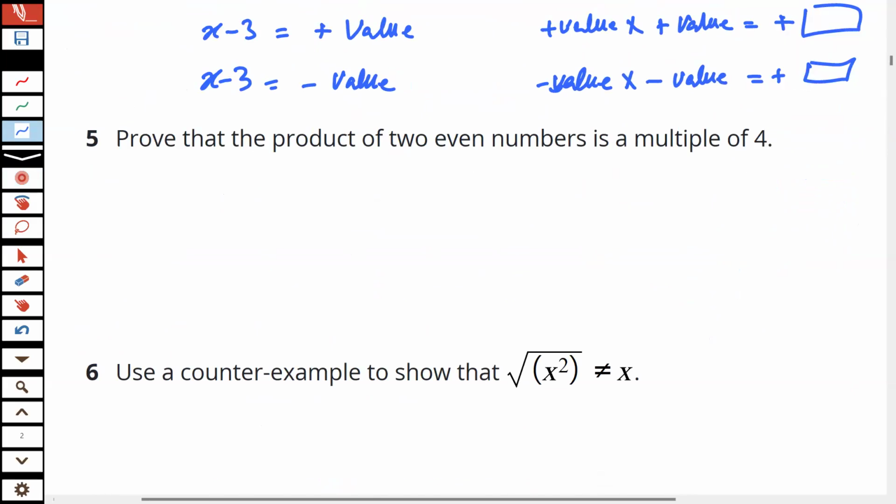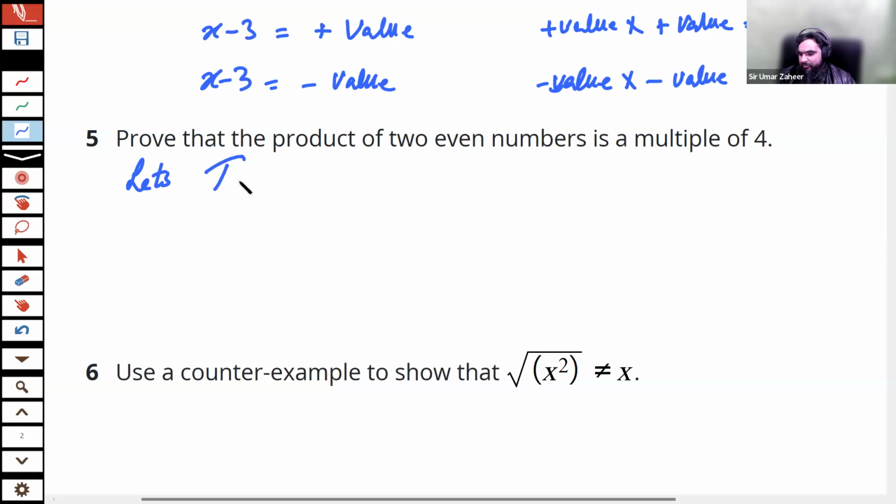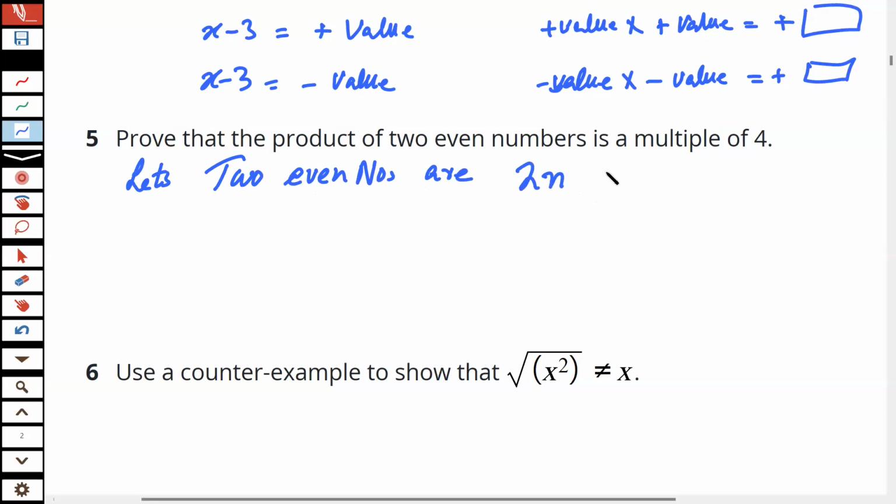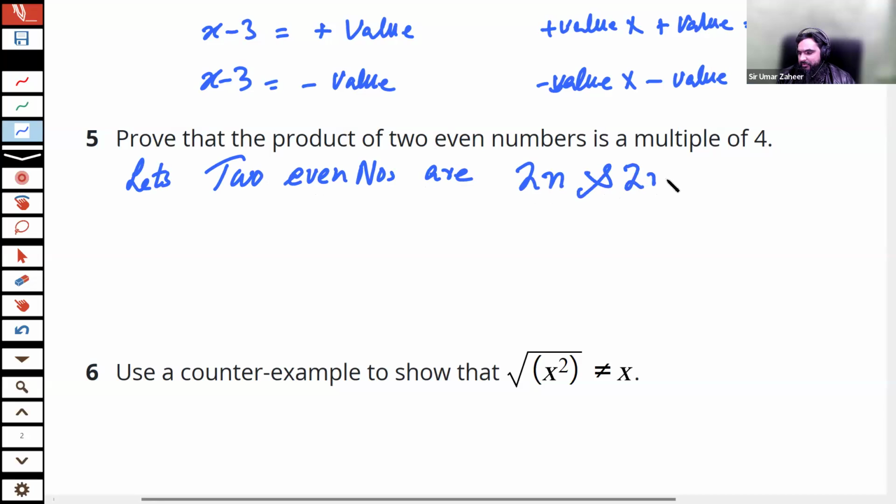Yeah, one even is 2n plus 1. No, we are not talking about the odd number. The product of two even numbers. So let's say 2n and 2m.